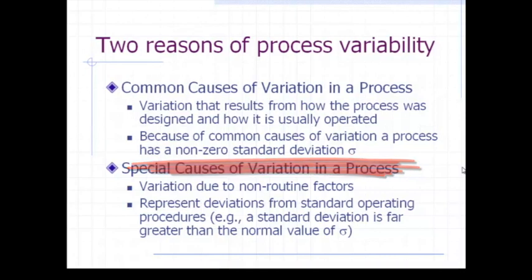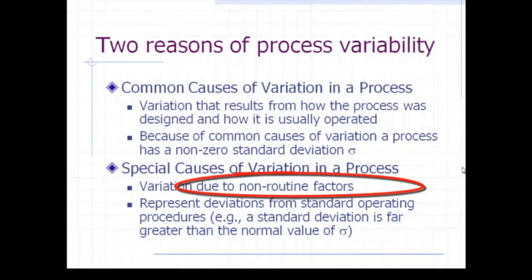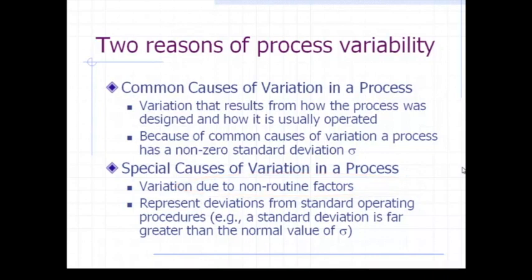In contrast, special causes of variation in a process is variation due to non-routine factors. This variation we did not expect, but it represents deviations from standard operating procedures, or in other words, a standard deviation that is far greater, or sometimes far smaller, than the normal value of sigma.